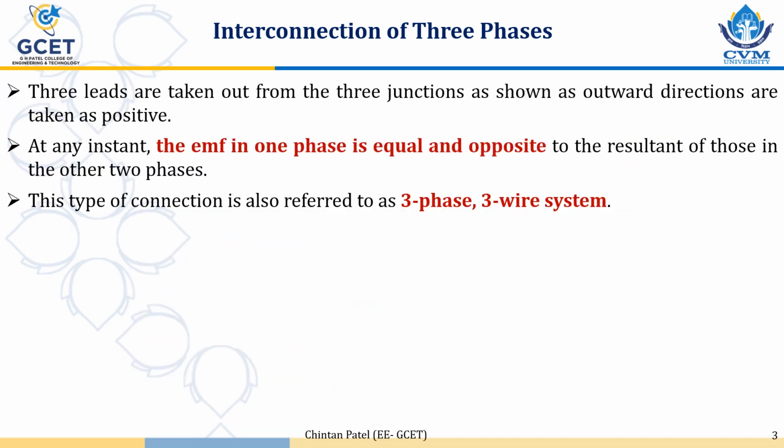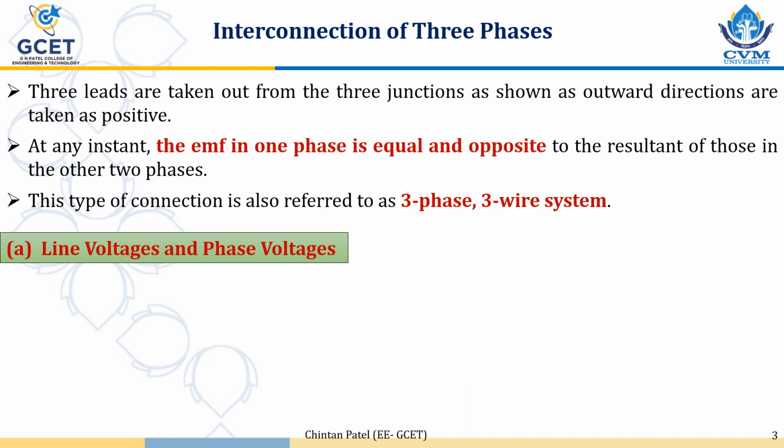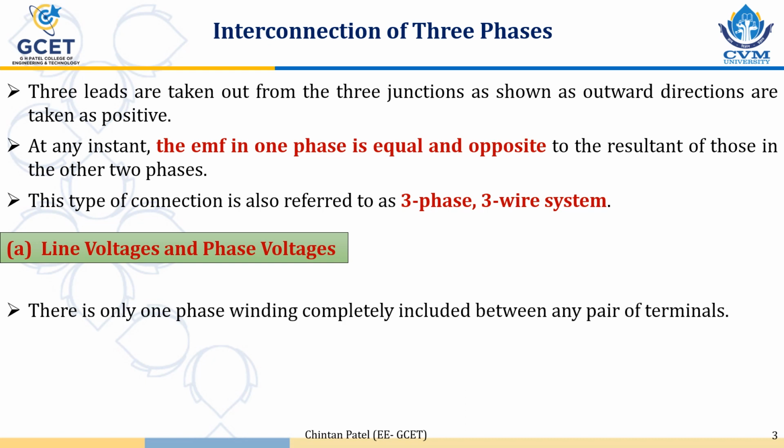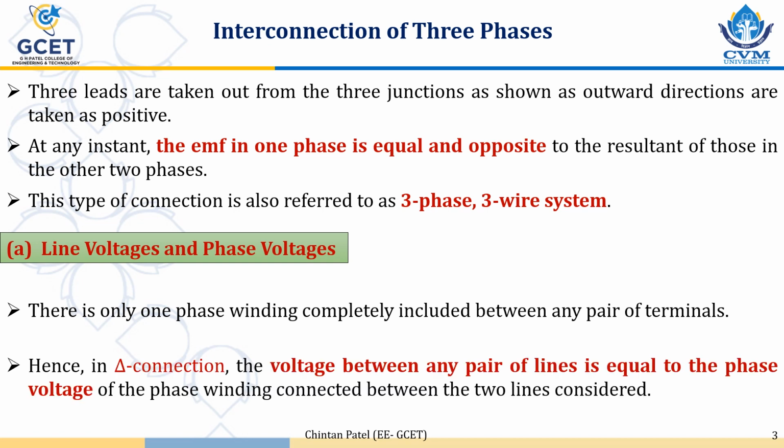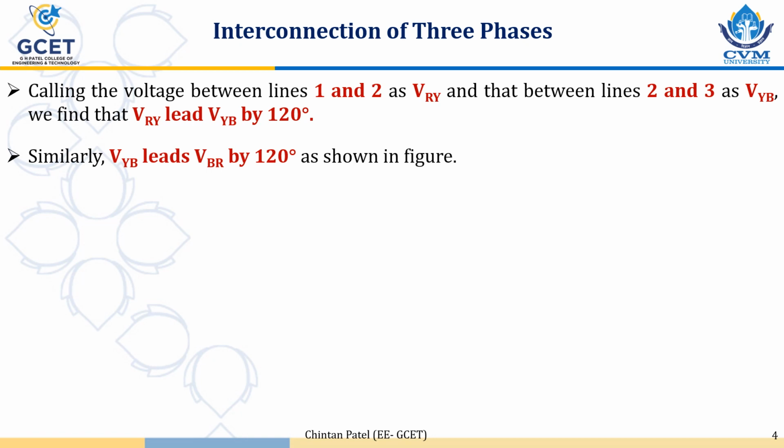Now, line voltage and phase voltage relation, already we have discussed that in the delta connected network, the voltage between any pair of lines or any pair of terminals is equal to the EMF induced in the phase, that is called phase voltage. And because of that, line voltage is equal to phase voltage.